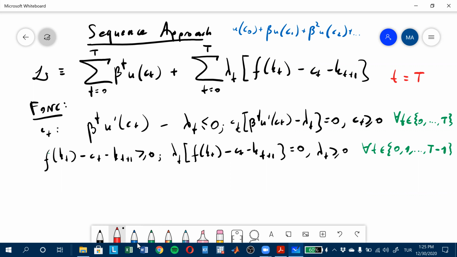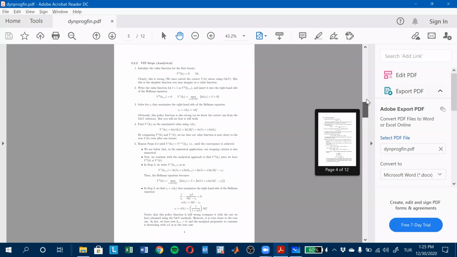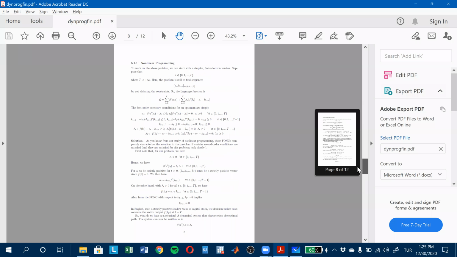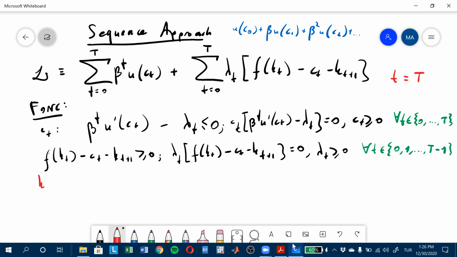For now, let's try to understand that. Let me just check one thing. Yes. So now there's also your kt plus 1, right? Now, kt plus 1 is kind of your control variable, because once you choose consumption, of course, it is related with the constraint as well, but you are also choosing kt plus 1.